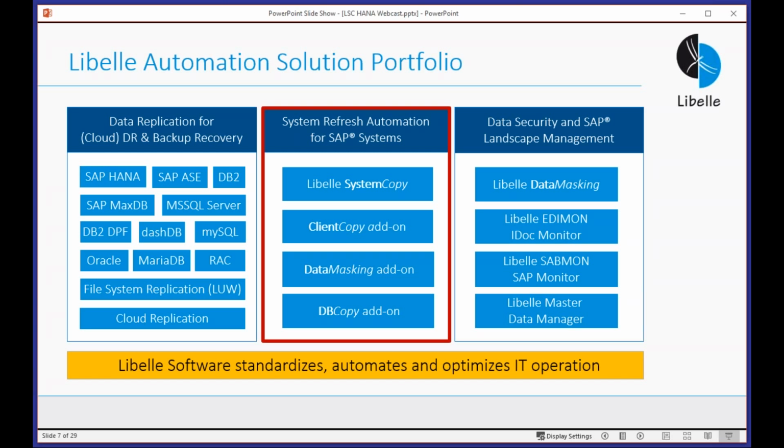If you do system refreshes and want to add client copies, we have an add-on for data masking, and we have an additional add-on for automating the copy phase, which is already included in the HANA version of our software. And then we have other software around data replication, which is a lot used for cloud migration, for example. And we have products around SAP landscape management, data masking, IDOC monitoring, and SAP monitoring.